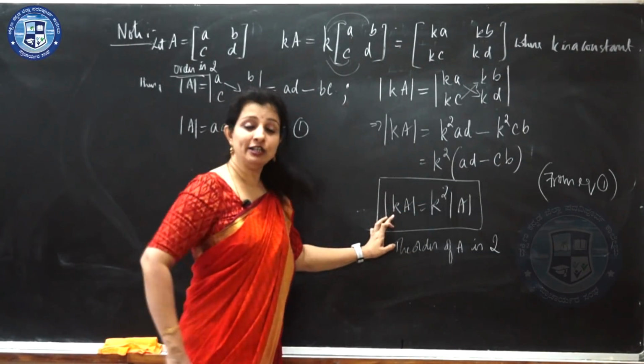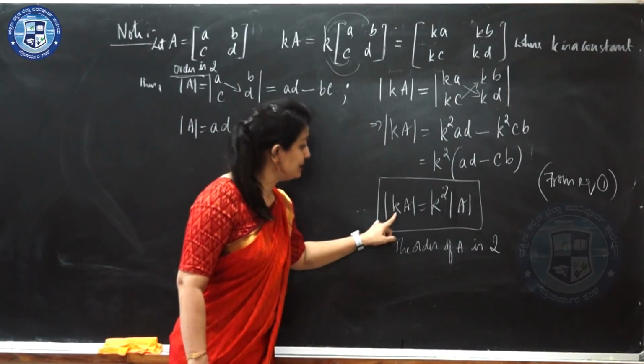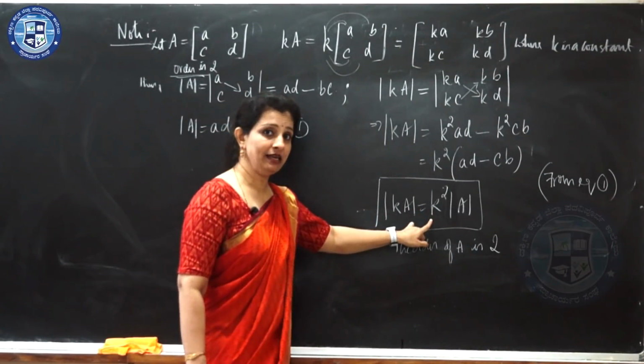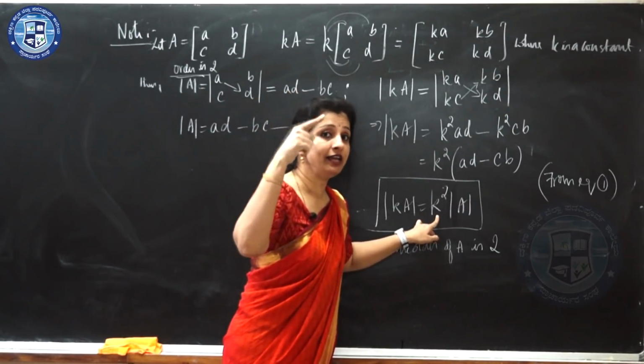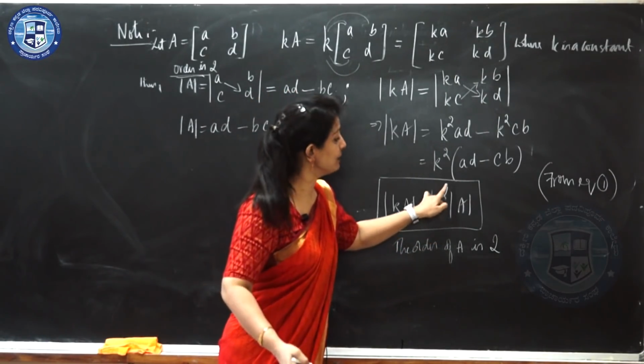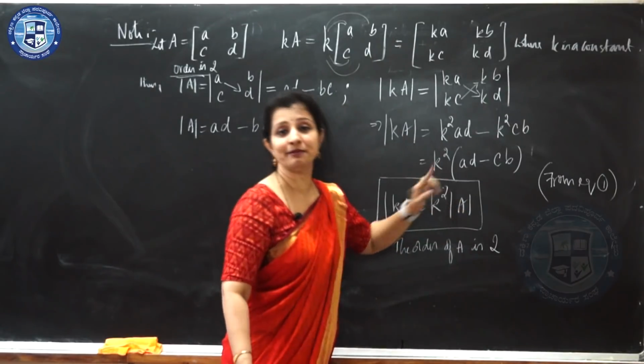Then the value of determinant of KA will be equal to K to the power, what is the order of A? If it is n, K to the power n into determinant A.